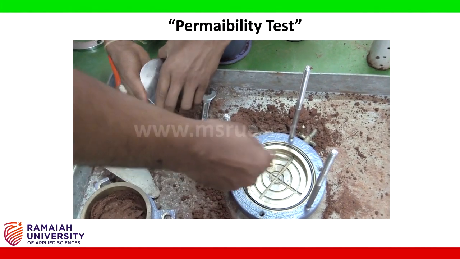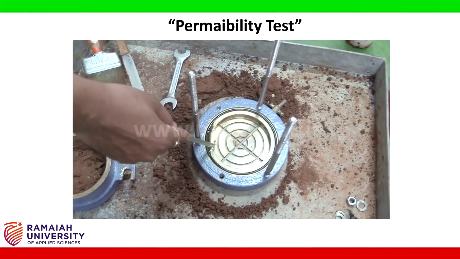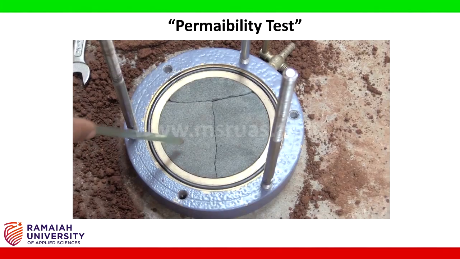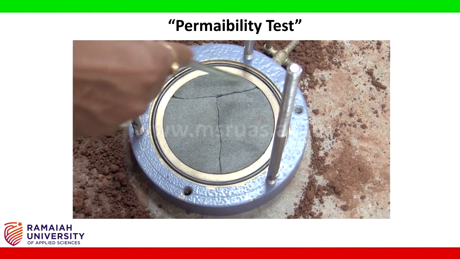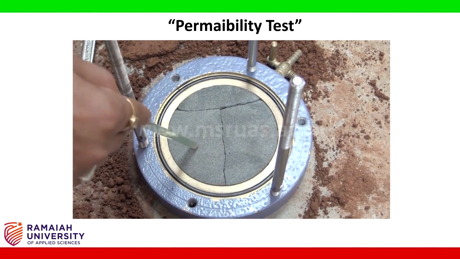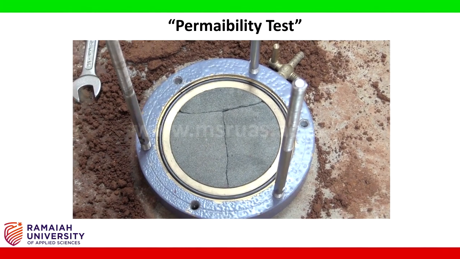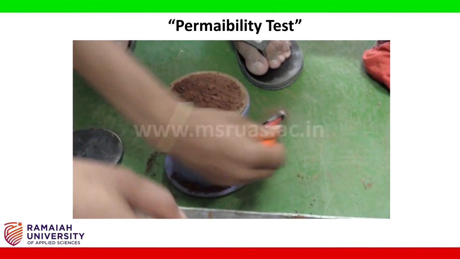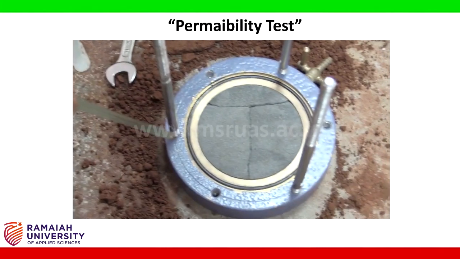This space will now be accommodated by the porous plate for the test process. Place the porous plate like the way it has been shown on the base plate. Once the porous plate is placed, then transfer the casted mold back onto the base plate.